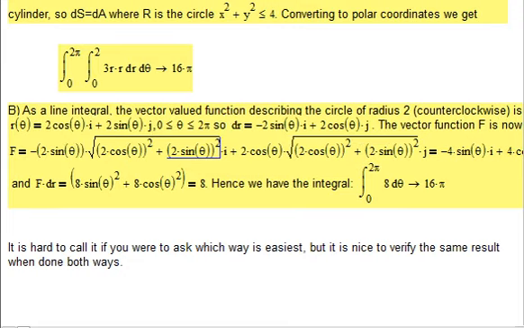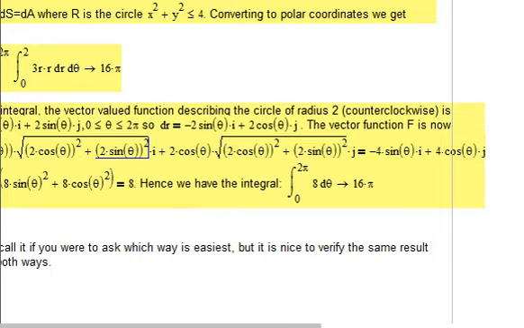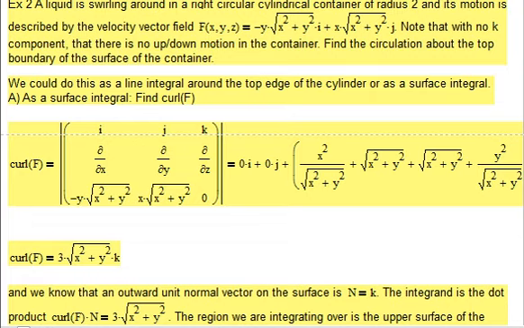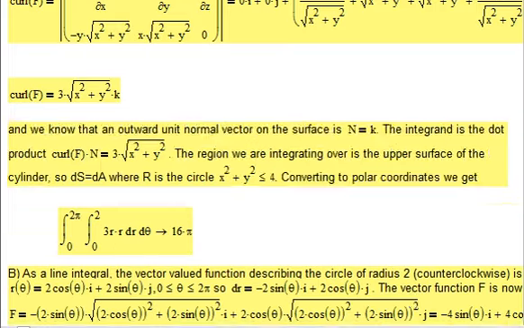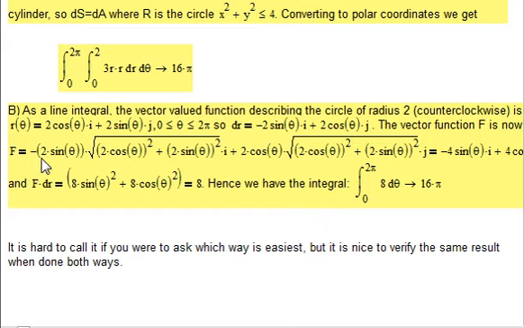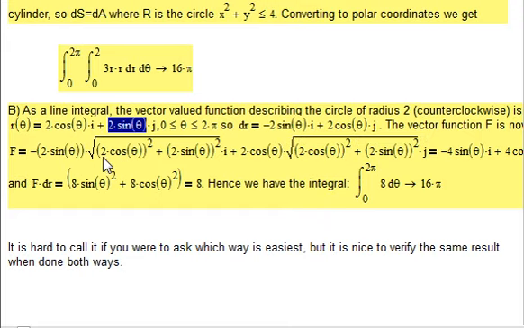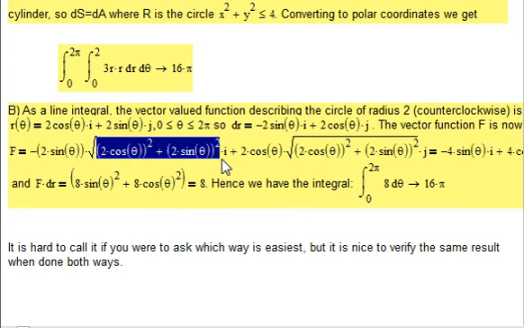And the vector function F is now, remember our F, here it is. That's negative y times the square root of x squared plus y squared, and this is x times the square root. So our vector function, this is negative y, because that's what y is, times r.